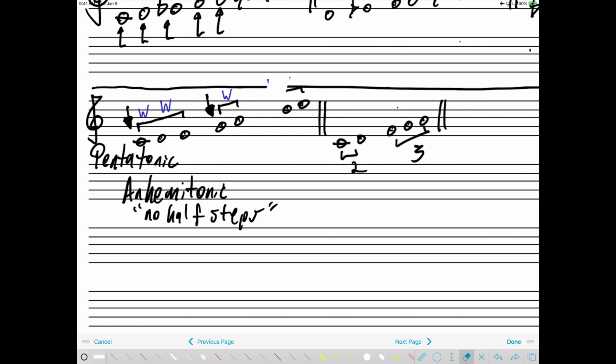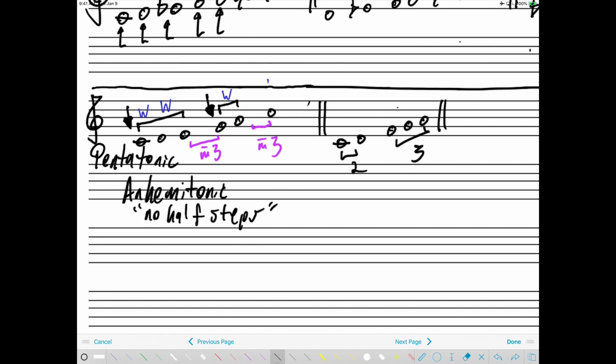This is kind of extra for right now. We have whole steps, and then these whole step groupings are separated by a minor third. So that is perhaps one of the most commonly heard pentatonic scales that we might associate with.